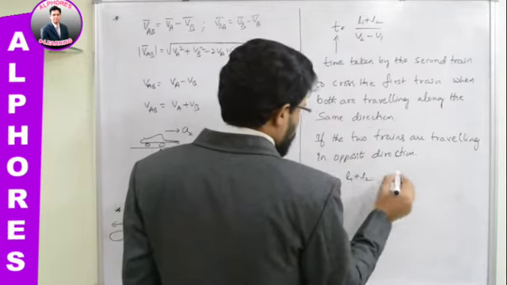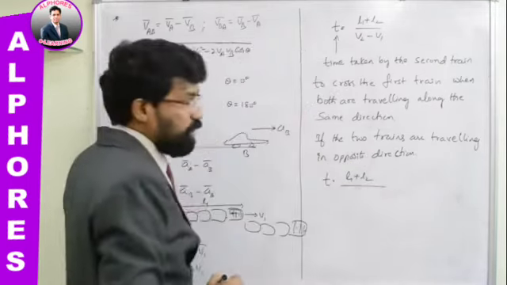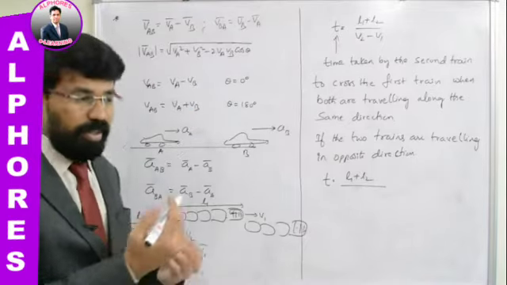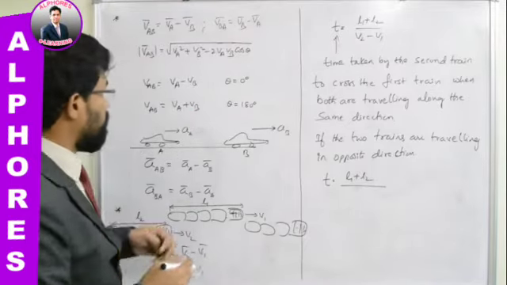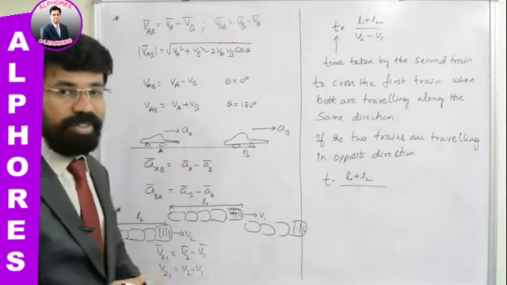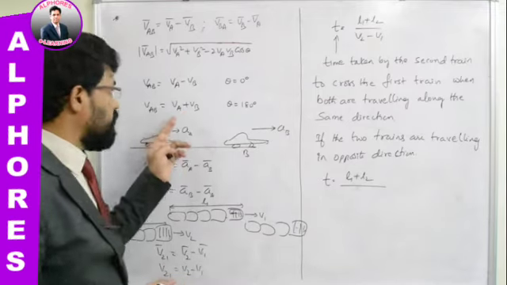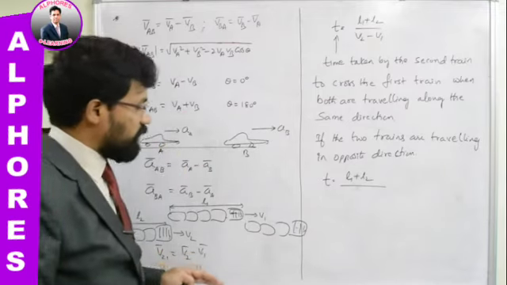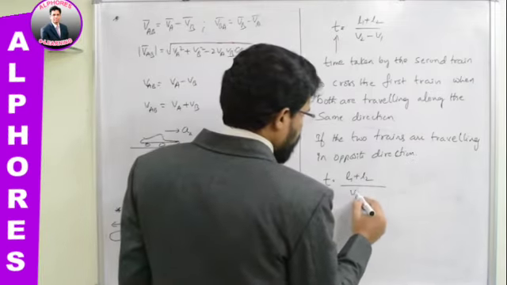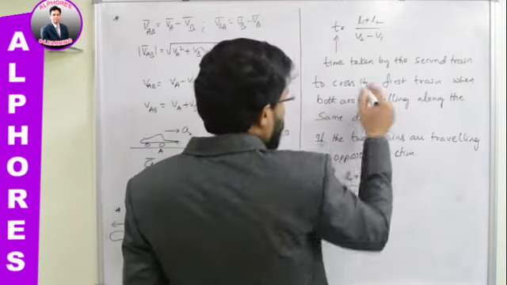L1 plus L2 divided by what about relative velocity if both are traveling in opposite directions. If theta is equal to 180 degree, relative velocity will be equal to how much? VA plus VB. So here what will be the relative velocity in this case? V1 plus V2. Now compare these two equations.